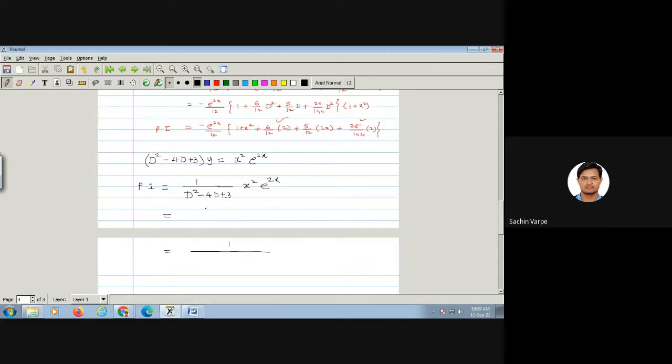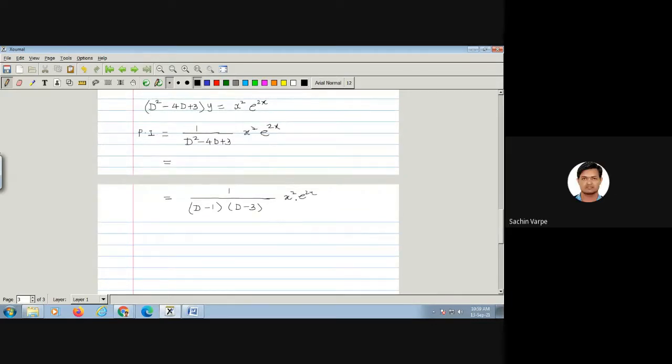So what are the factors here? 1 and 3 are the factors, right? So d minus 1, d minus 3, na? Yes. X square e to the power 2x.